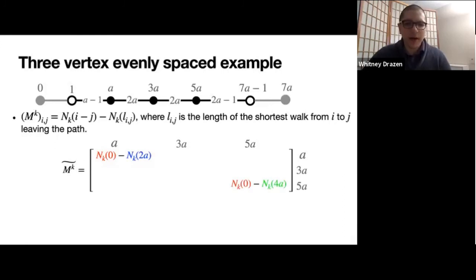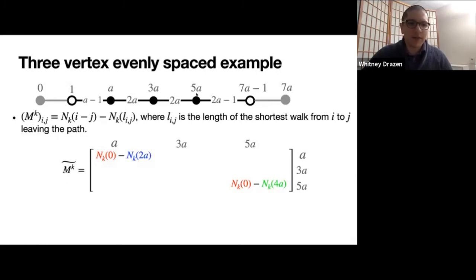Down the bottom right, we have n_k of 0, because the shortest path from 5a to 5a is length 0, and the shortest walk leaving the path from 5a to itself goes from 5a to 7a and then back to 5a. So that's of length 4a, and we need to subtract something that depends on that length.